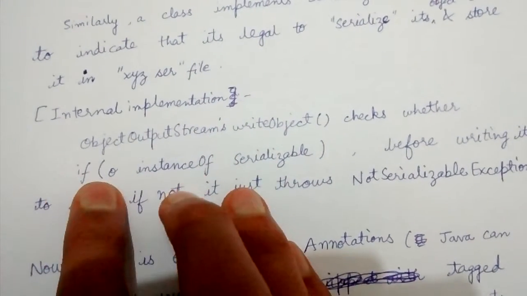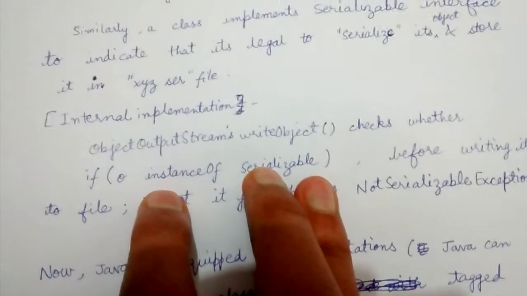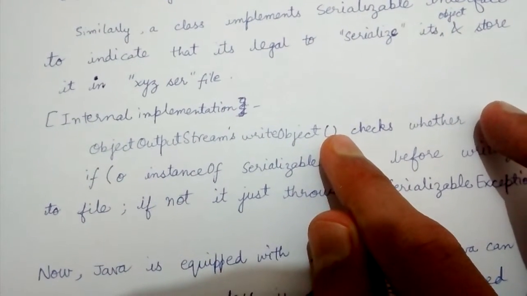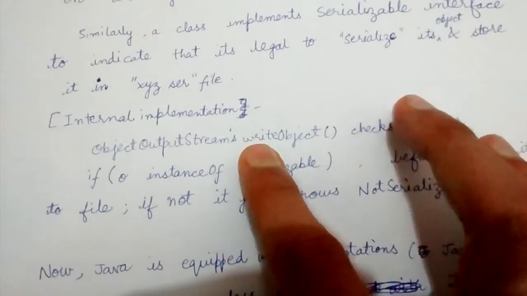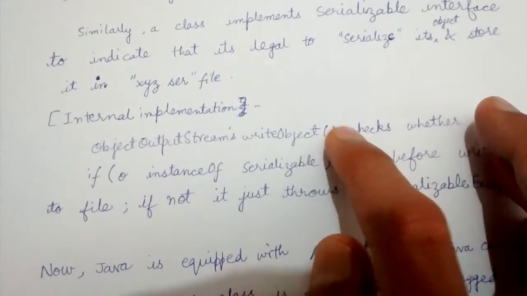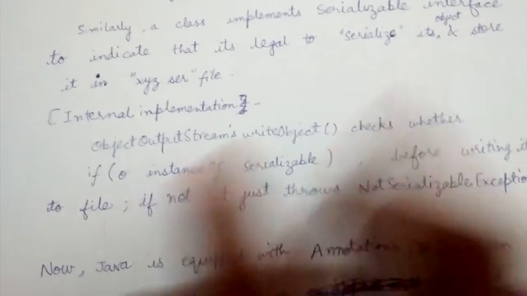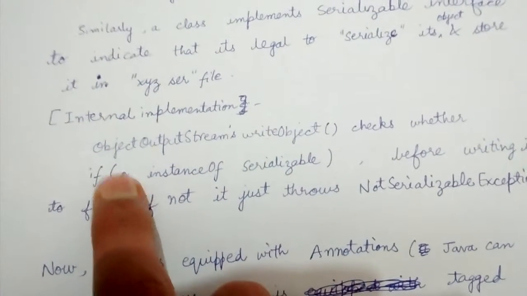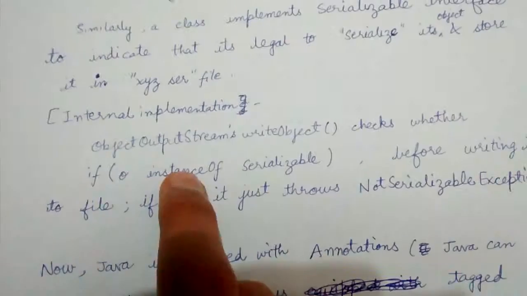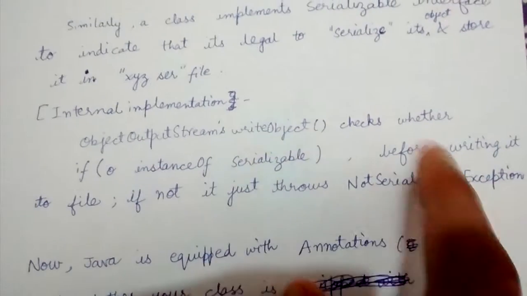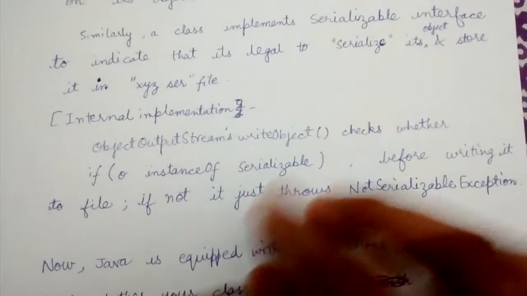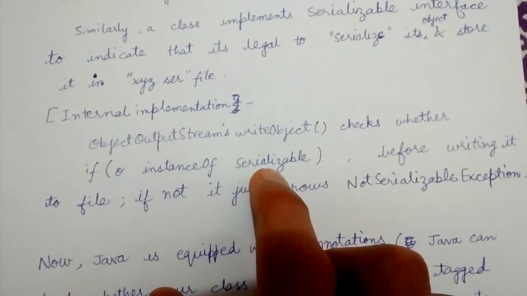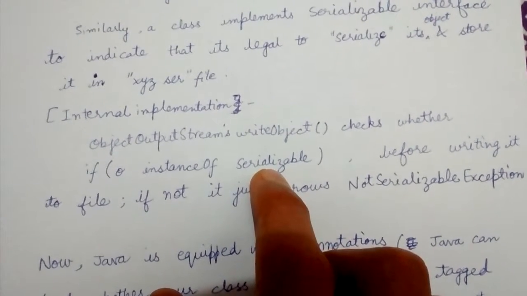If o instanceof Serializable, so whatever object you are trying to write, you will pass that object in the writeObject method, writeObject(o). If we open the body of this writeObject method, it will first check this thing. If that object is an instance of Serializable, then only will I write it to that file, and it will be an instance of Serializable by the Liskov substitution principle.